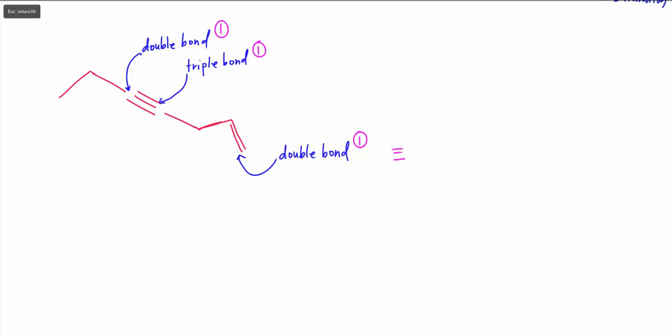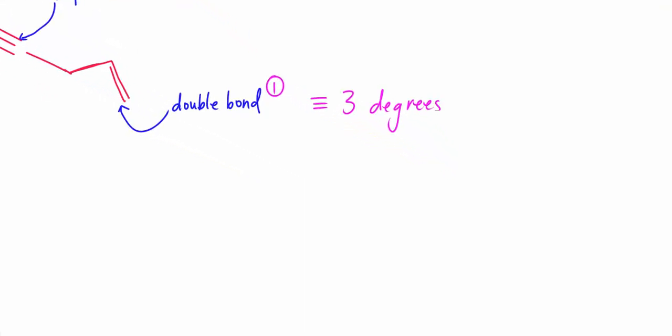So we should wind up with 3 degrees of unsaturation.